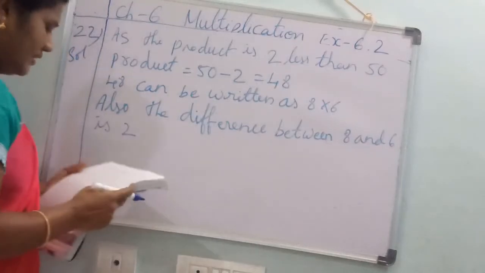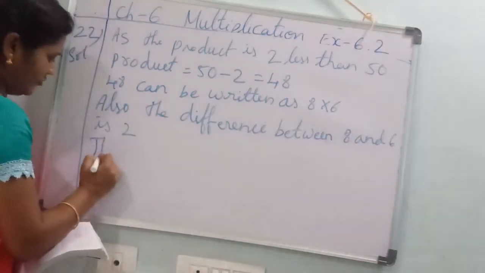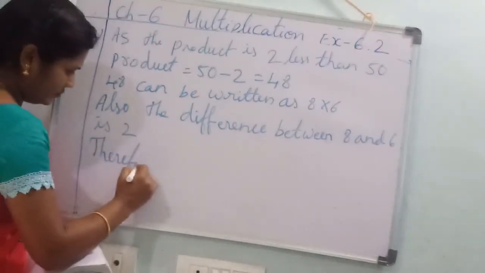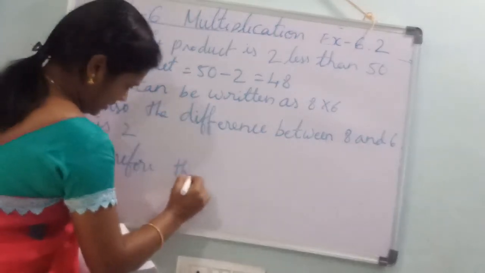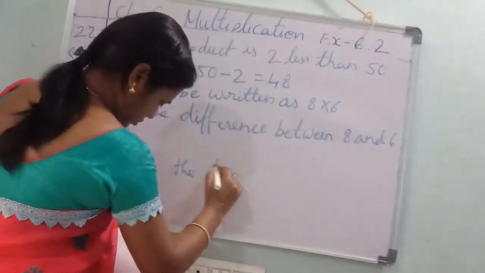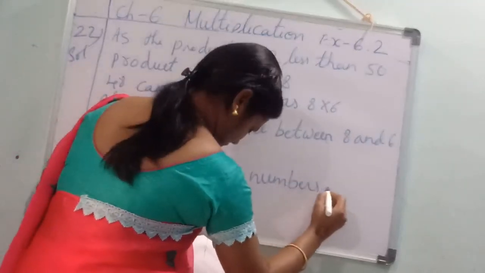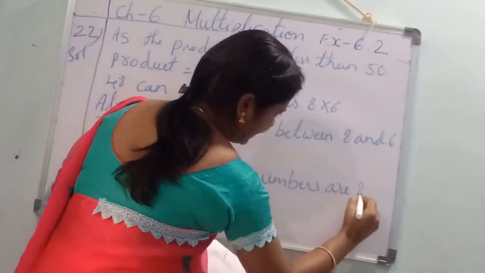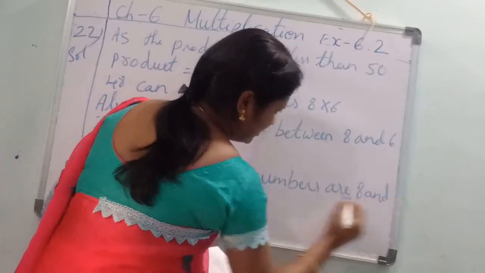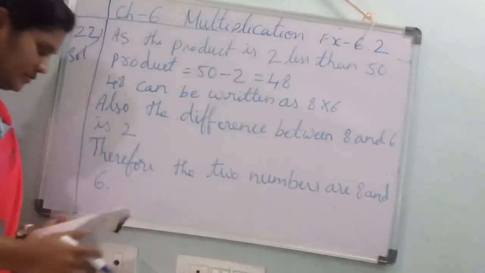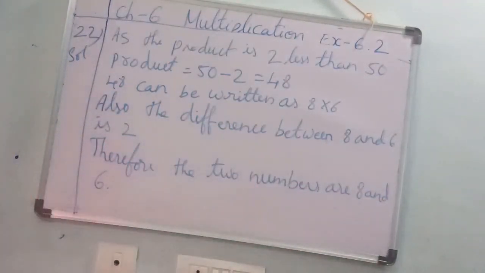Yes, 8 minus 6, 2. Therefore, the two numbers are 8 and 6. Understood? These all you should practice.